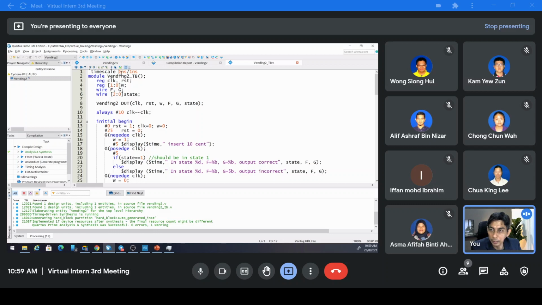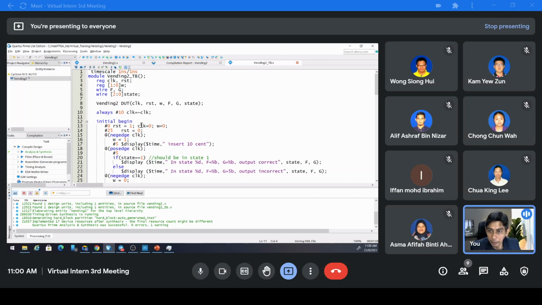If I write 10 nanosecond, it means that the time is 10 multiplied by 10 nanosecond, which is 100 nanosecond, right? But in this case, it means that every 10 nanosecond, we toggle the clock. Yeah, clock equals not clock.